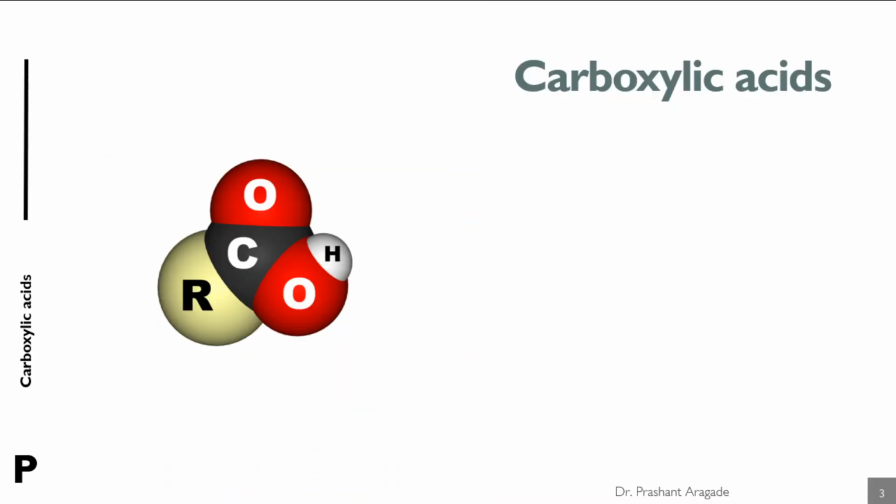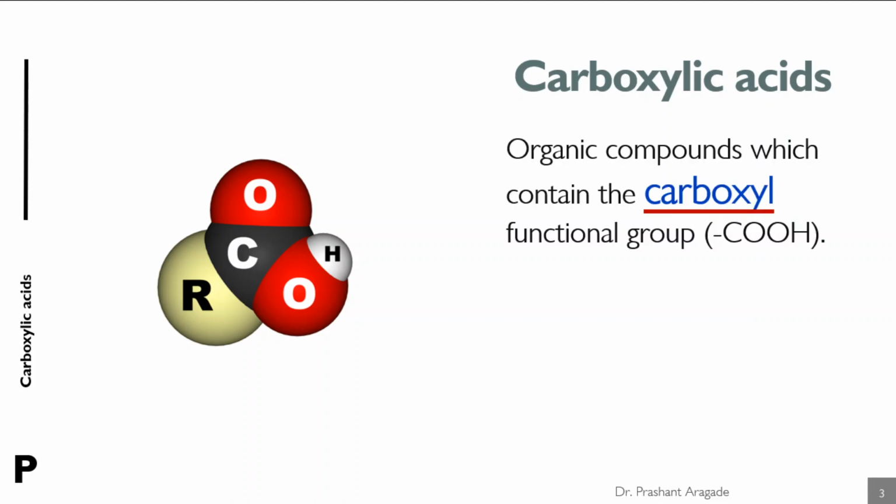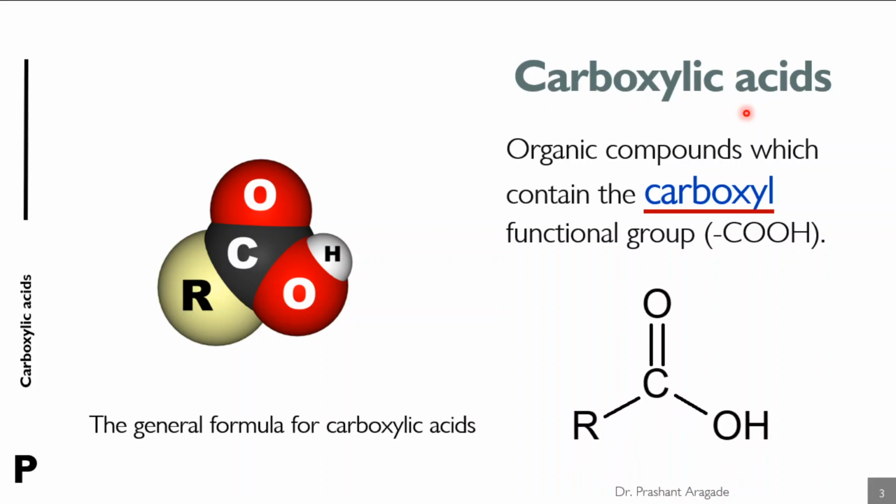What is meant by carboxylic acid? Organic compounds which contain the carboxyl functional group, that is the COOH functional group, are called carboxylic acids. They are represented by the general formula R C double bond O OH.